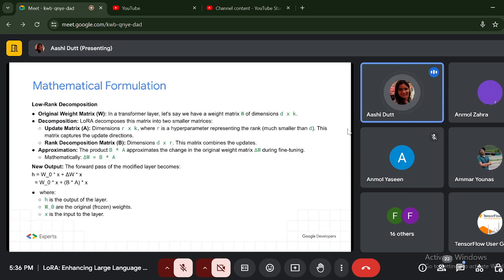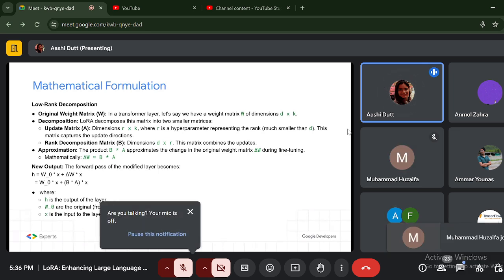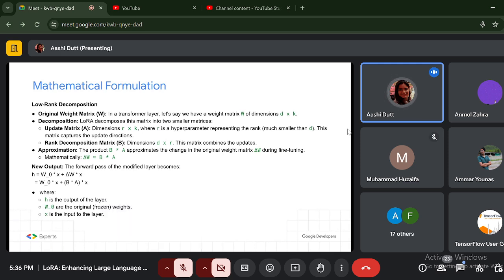So here is the mathematical formulation. Mathematically, you have the original weight matrix, which I've discussed, that is W. Then you do decomposition using LoRA, and you break it down into A and B. A here is the update matrix that has dimensions of R cross K, where R is the rank, which is also a hyperparameter, and it captures the update direction.